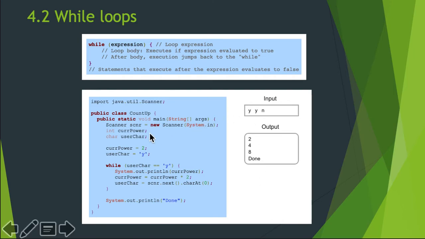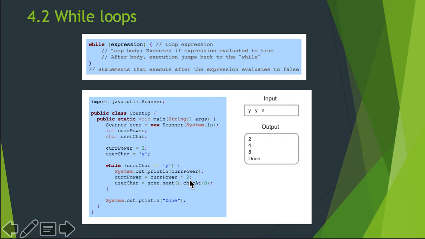Over here the example is in a Java program, and the input is y, y, and n. For the first y, the program outputs 2, because it carries power 2.